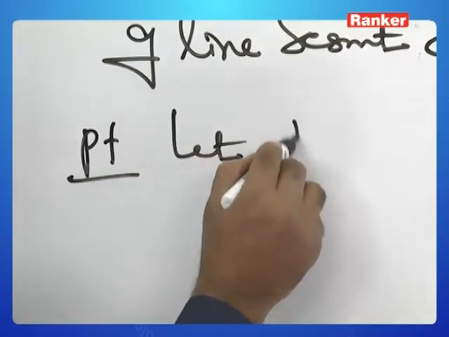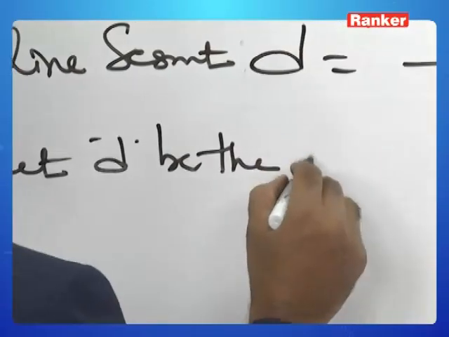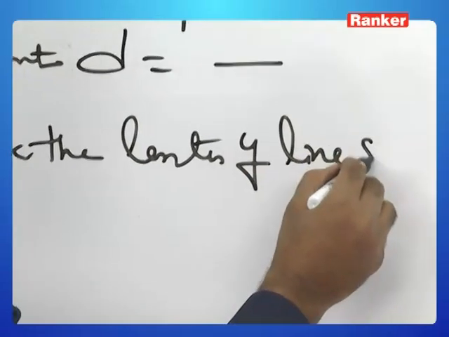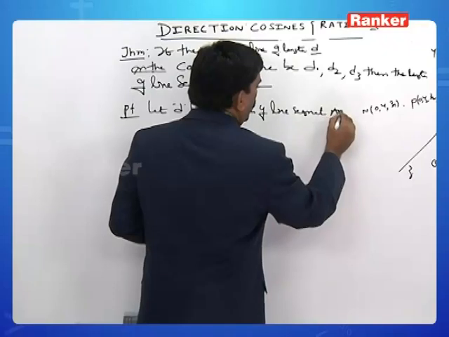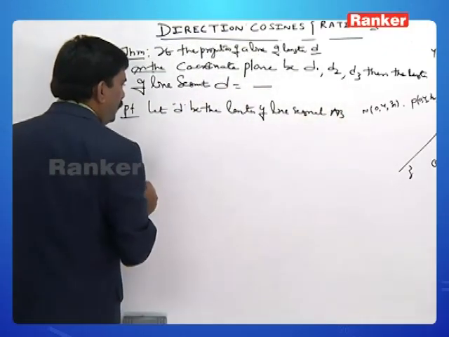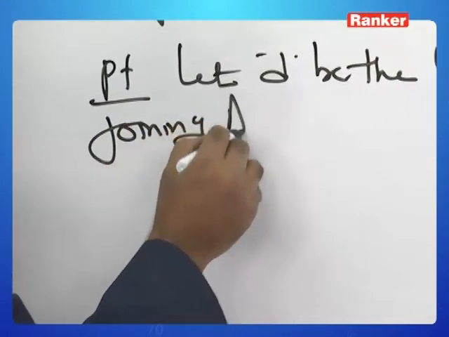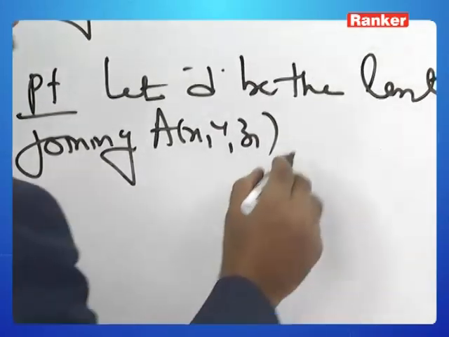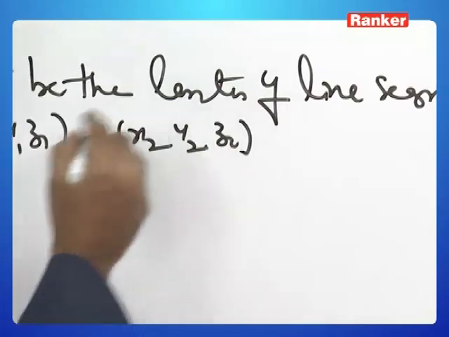Now let d be the length of the line segment AB joining A of x1, y1, z1 and B of x2, y2, z2.